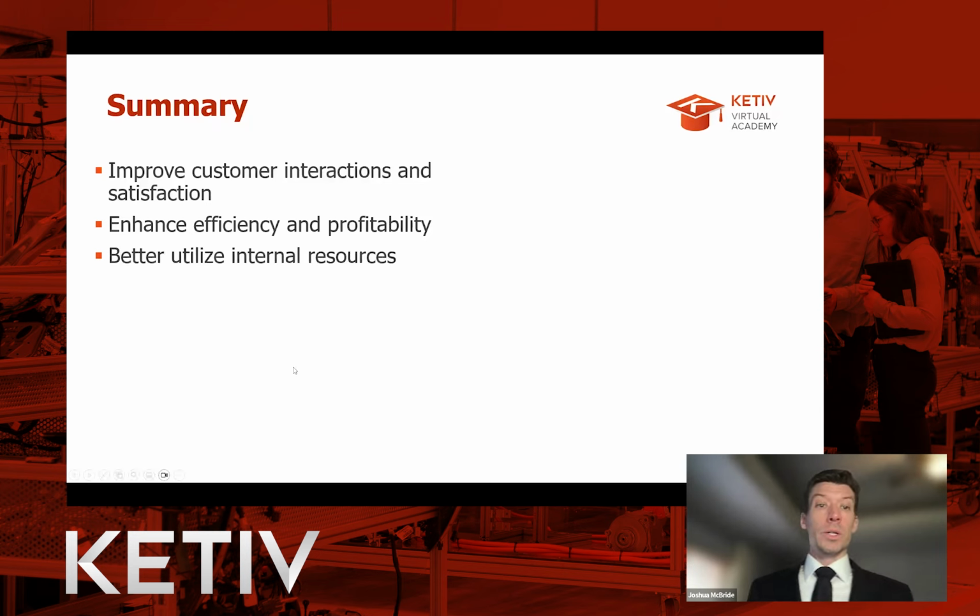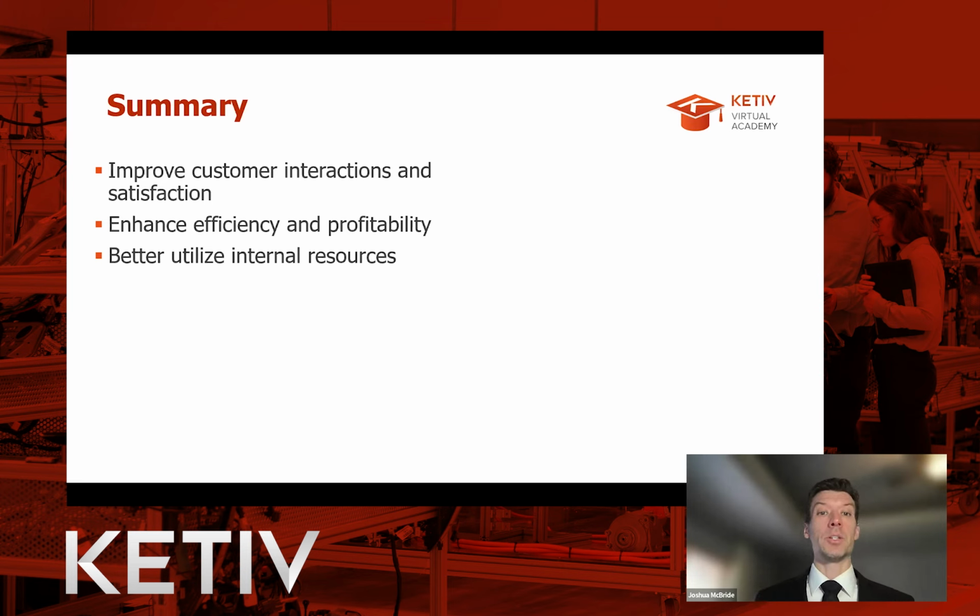And really, we want to better utilize our internal resources, right? Our engineers, our sales engineers, who are highly knowledgeable, rather than having them make these selections over and over, or providing CAD drawings for products over and over and over. We can have automation do that, and it all starts here, right?